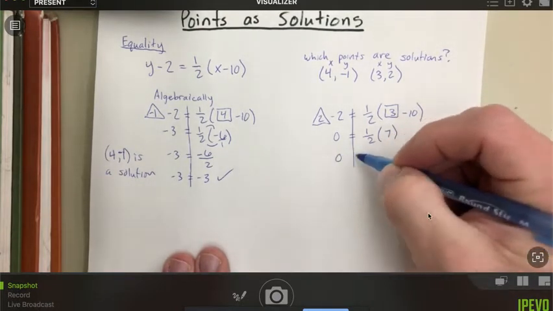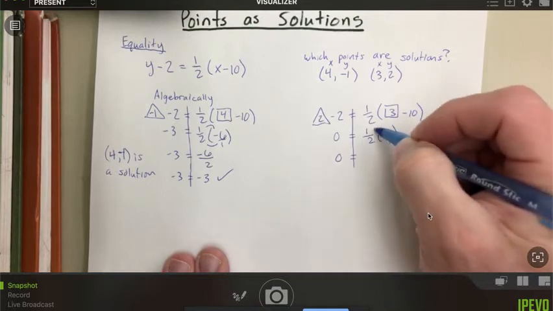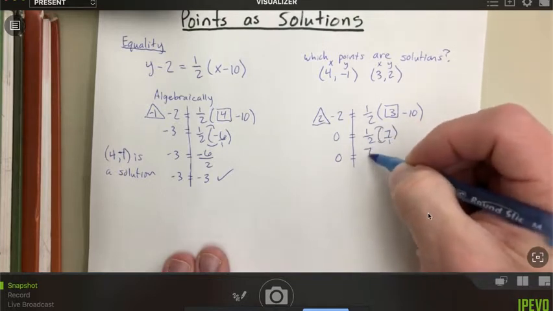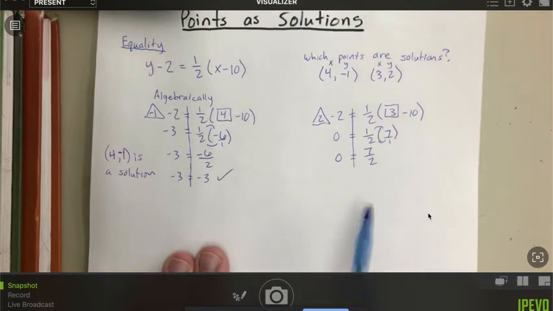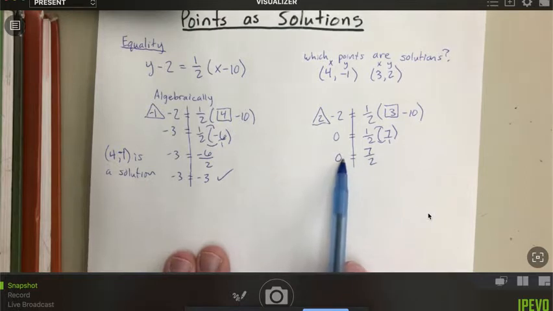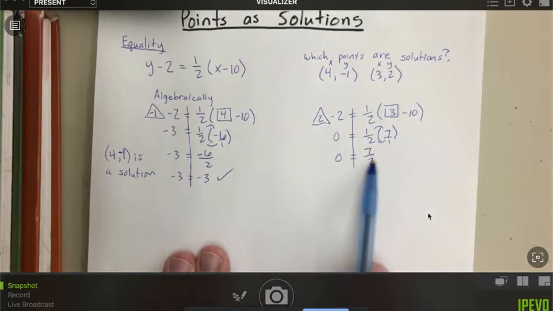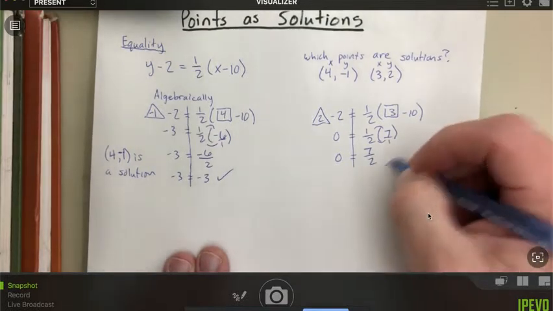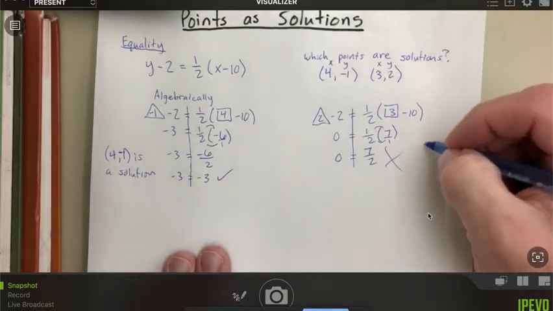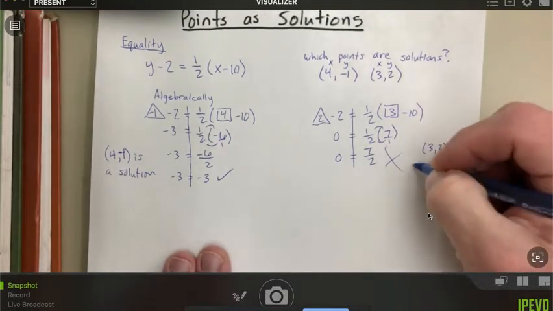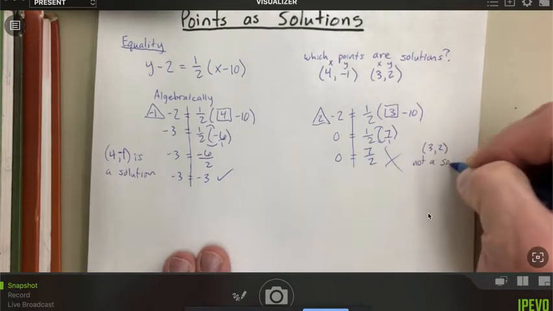And you might already be able to see what's happening here. Right away, I should realize that I don't even have to reduce this fraction anymore. I could, it'd be 3.5 if I wanted the decimal, but I'm getting 0 equals something that's not 0. So this is not true. So (3, 2), say that's not a solution.